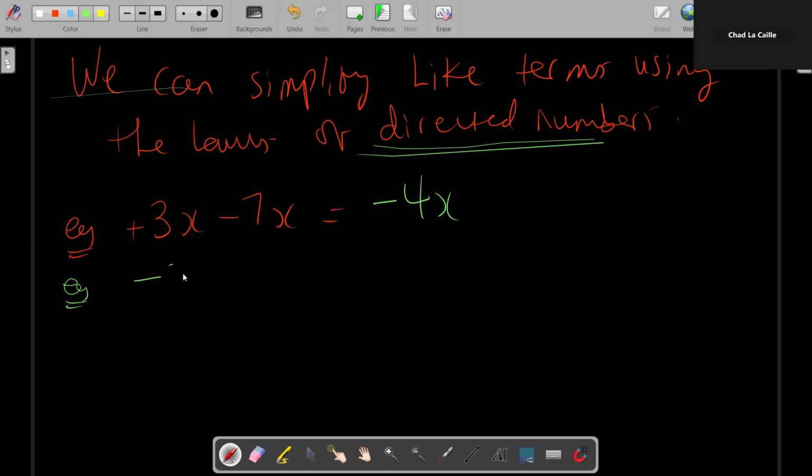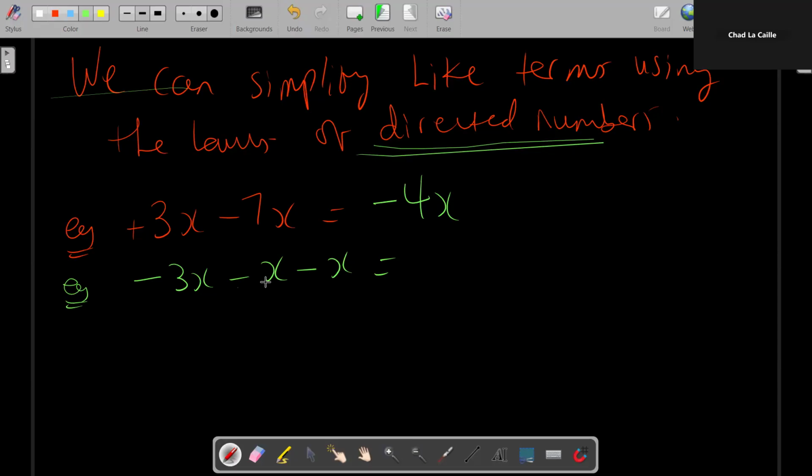Tristan, look at this one. Tell me, are these like terms, Tristan? Minus 3x minus x minus x.